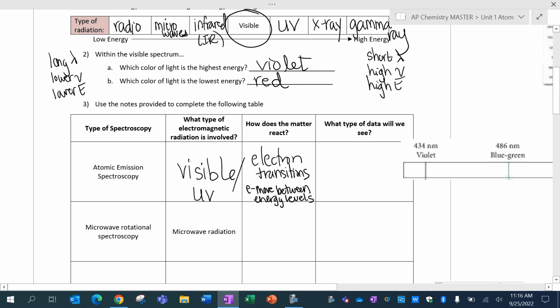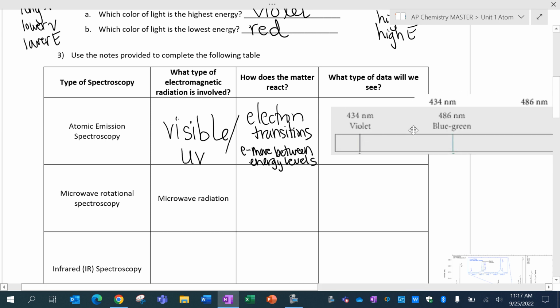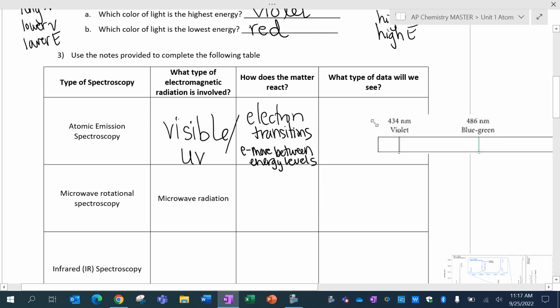That's what's going on when we have this UV-visible radiation. It can cause electrons to move between energy levels. We can either shine radiation at a sample that'll cause electrons to move, or we could add some other source of energy, and then when the electrons move, it's going to release visible radiation. And that's what we saw. We saw these bands of light be released there.